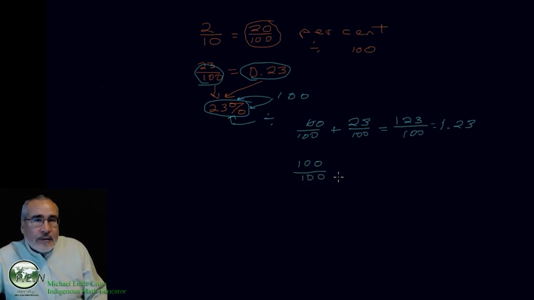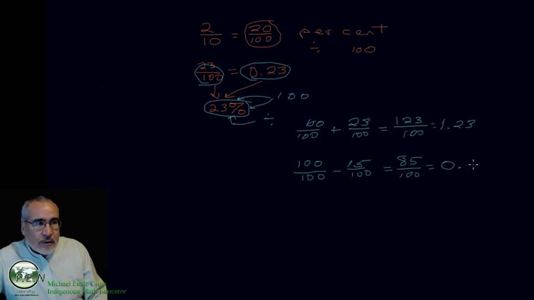Let's say we give a discount, or we reduce the price, or we lose some members, let's say 15%, or 15 hundredths. Well, that's taking the 100 and subtracting 15 from it. So when we're decreasing, in this case, we'll end up with 85 out of 100.